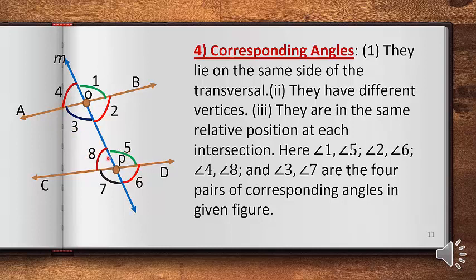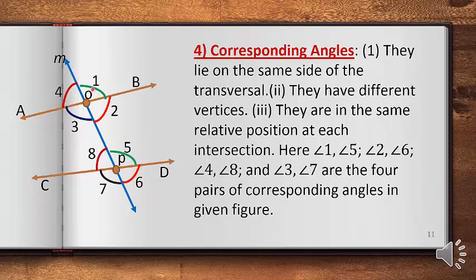Now you see here angle 1 and angle 5. They form a pair of corresponding angles. See children, they form a pair of corresponding angles. Why? Because angle 1 and angle 5 are on the same side of the transversal. That is the first point. Second point, they are lying on different vertices.